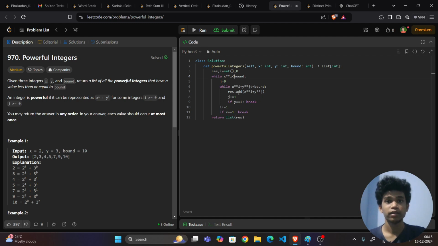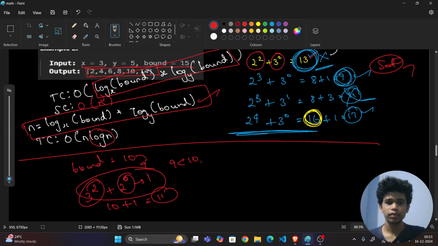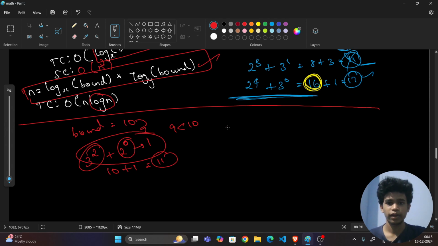I am adding it in the set. Now j plus equal to 1, and if y is equal to 1, just break. This is the most important condition. Because see here, if I have 1 as the element, then what is 1 square? It is 1. Again, what is 1 cube? It is also 1. So 1 power 4 is also 1.